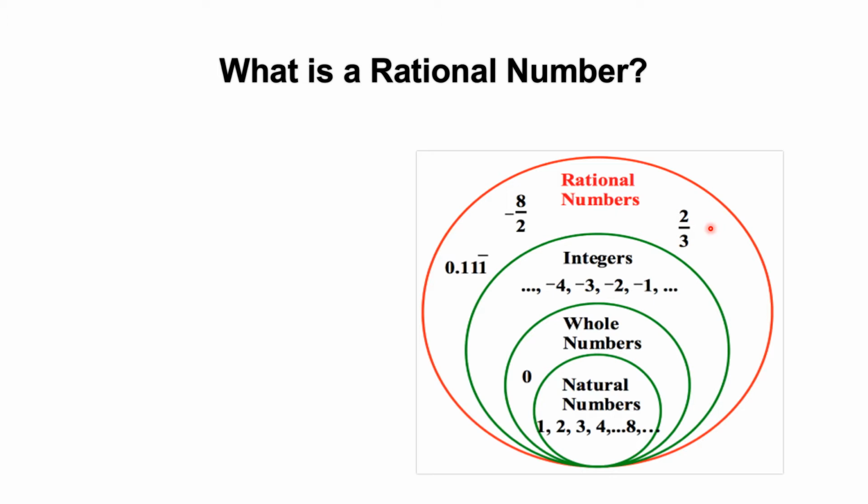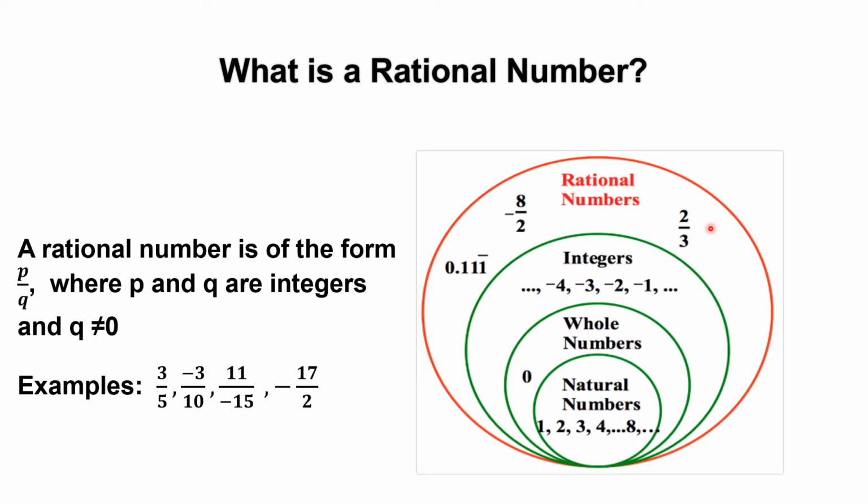So what is a rational number? A rational number can be written in the form of P upon Q, that is, numerator upon denominator, where P and Q are integers, but the denominator Q should not be equal to 0. The denominator Q cannot be 0.